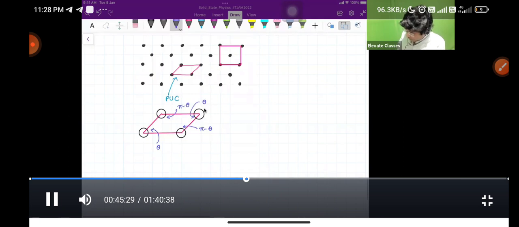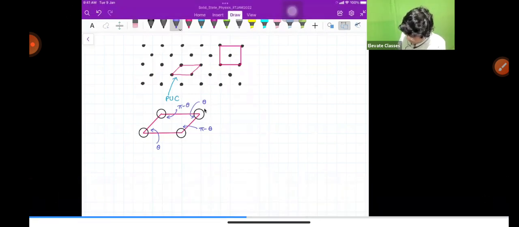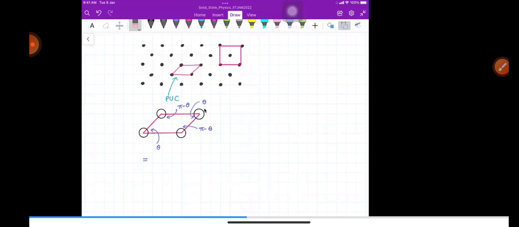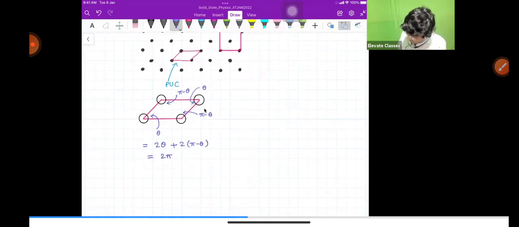So if you add up all the angles inside, how much will you get? We have 2 theta and then we have 2 times pi minus theta. If we add all the angles, what will you get? 2 pi. Okay. So you can see the total angle is 2 pi.